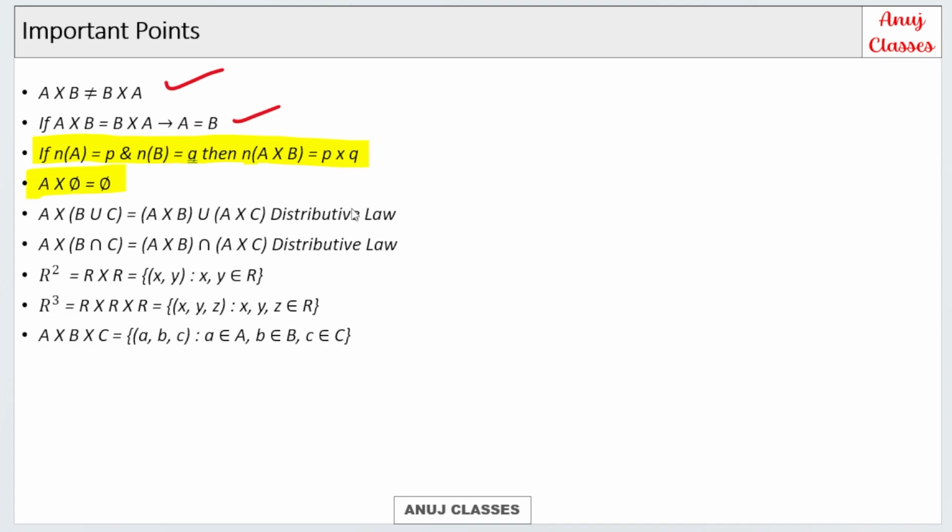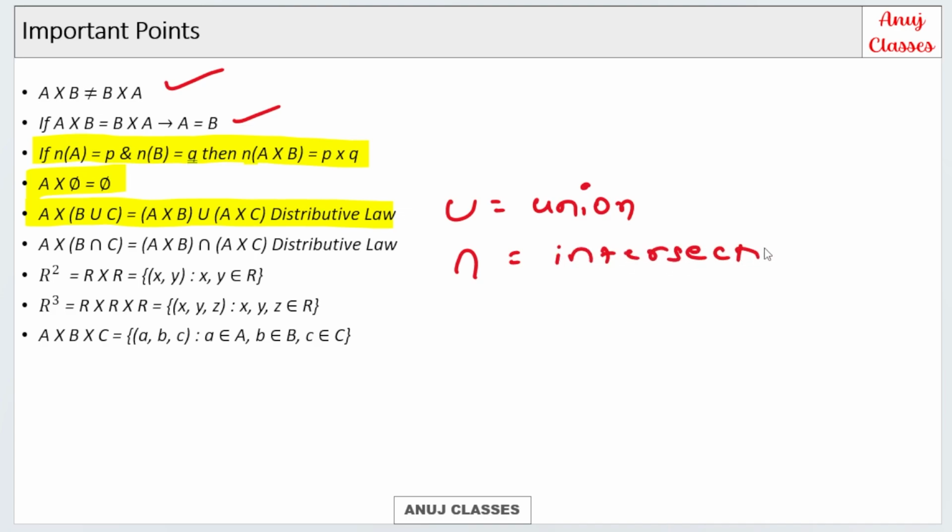The Cartesian product follows the distributive law. The Cartesian product of A and B union C will be equal to the union of A cross B as well as A cross C. Now this sign is the union and this sign is the intersection. This is some 11th class syllabus.